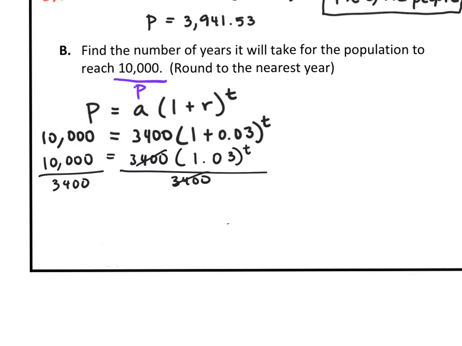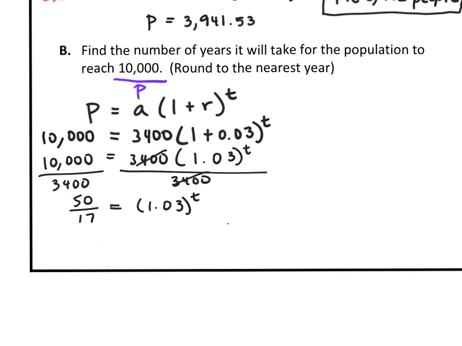So it's going to be 50 over 17 equals 1.03 to the power of T. Okay.